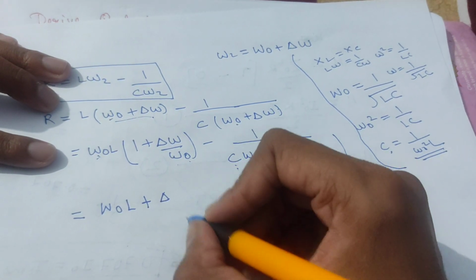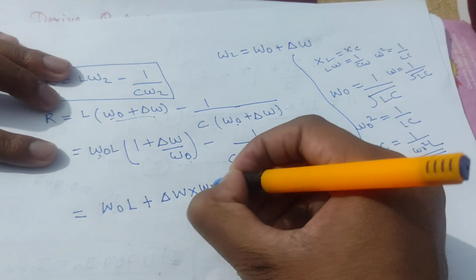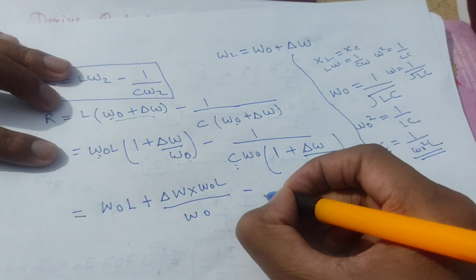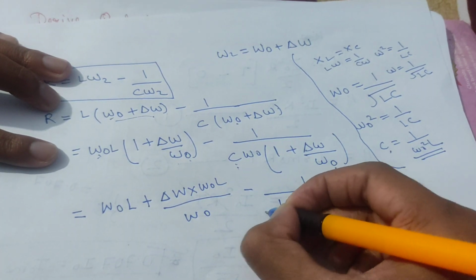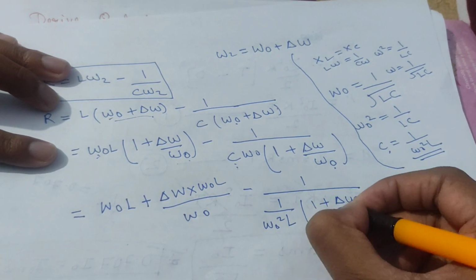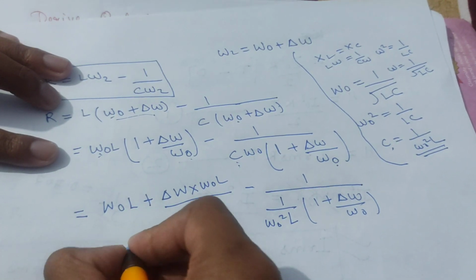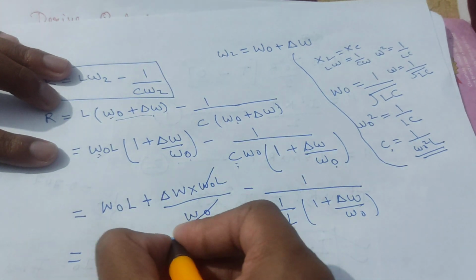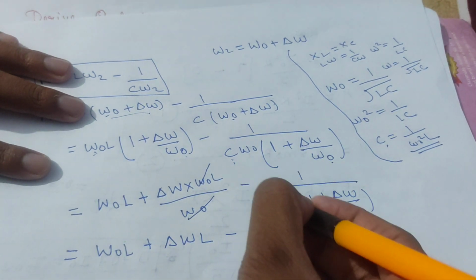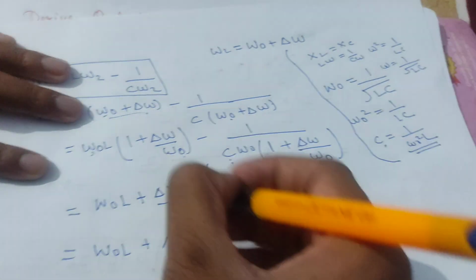So what we'll do, we'll multiply omega naught L by omega naught, and instead of C we'll write 1 by omega naught square L, and 1. Now solve the equation. So omega naught L plus this 1 will be cancelled, del omega L minus, it will go to the here, it is 1 by in the denominator, so it will go up.